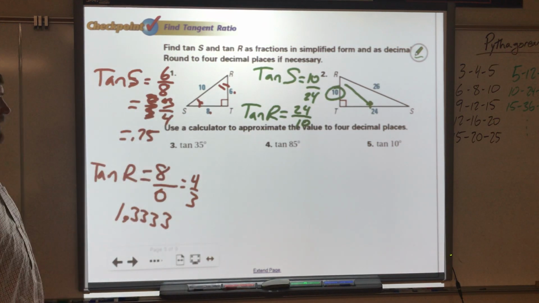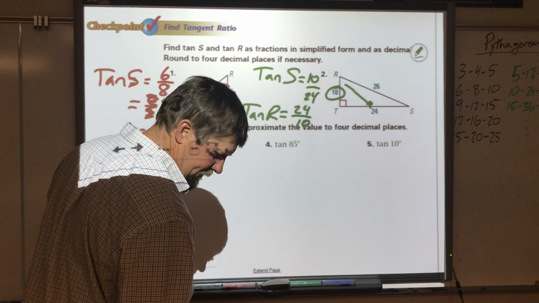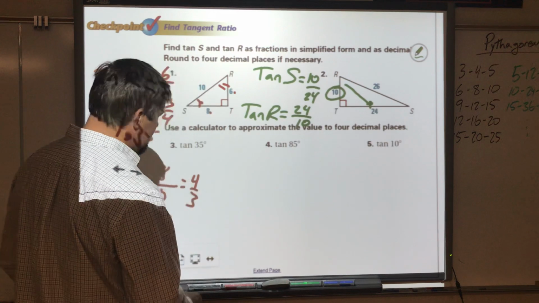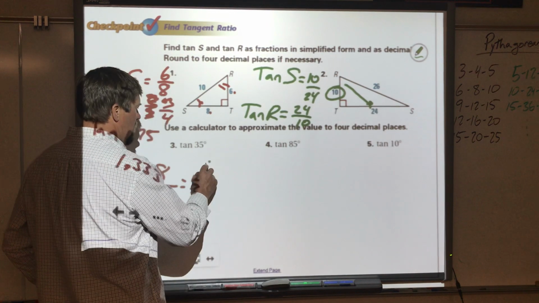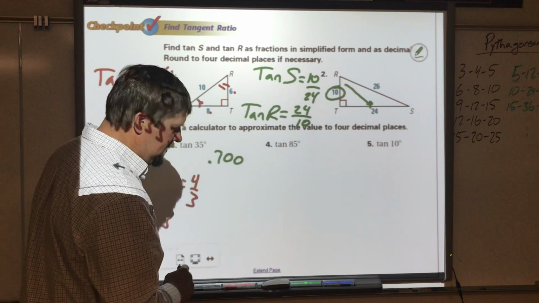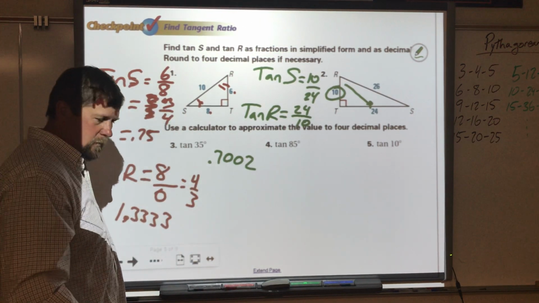Okay, and then you just type these in your calculator. The tangent of 35 is 0.7. Once you have it in degree mode, you shouldn't have to change it out of that mode unless you had to replace the batteries or something like that.